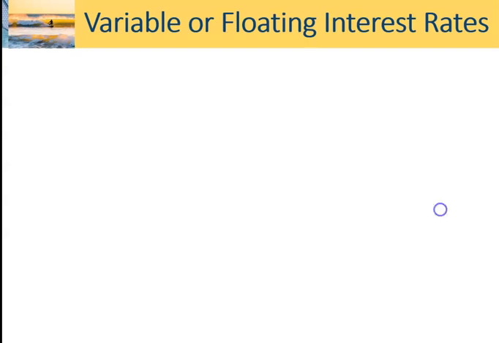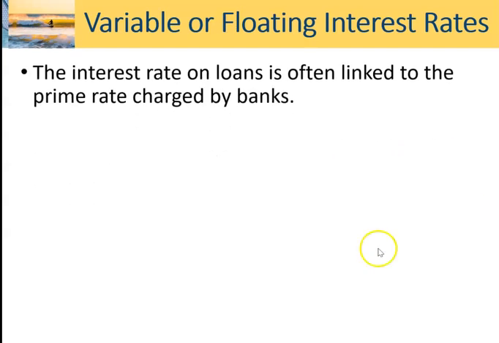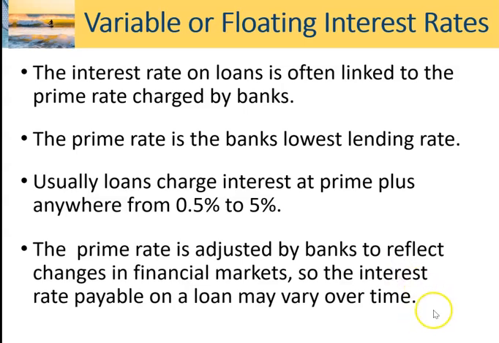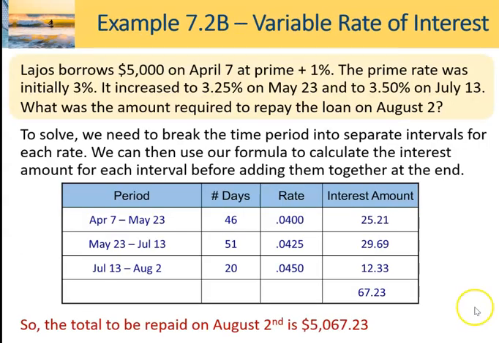Okay, so let's have a look at this. So again, the prime rate is adjusted by banks to reflect the changes in the financial markets, so the interest rate payable on the loan may vary over time.